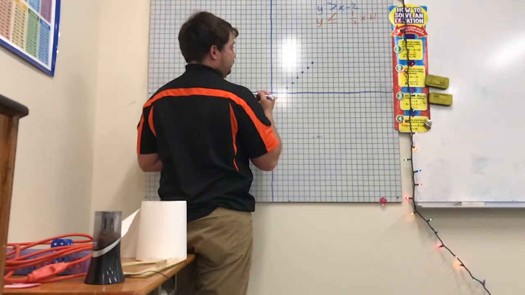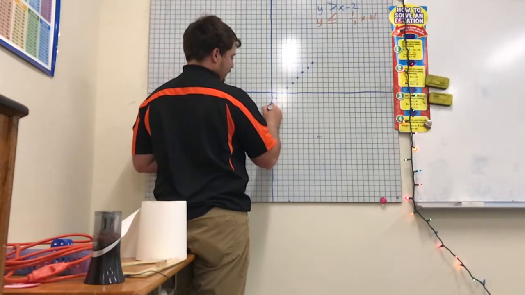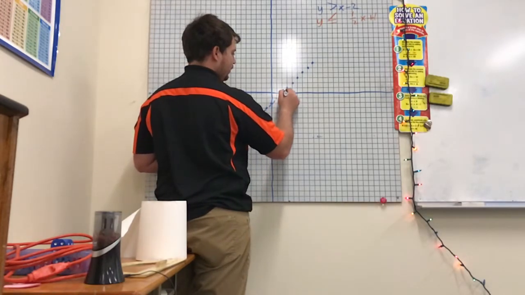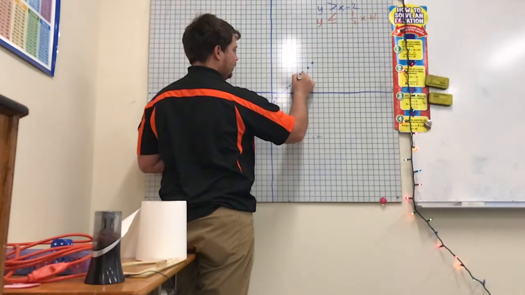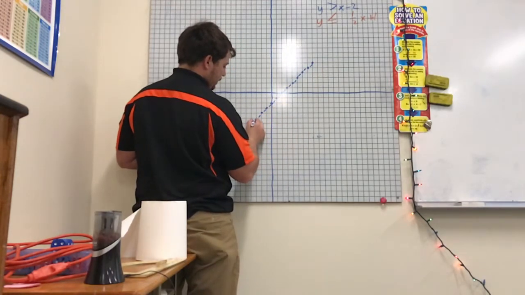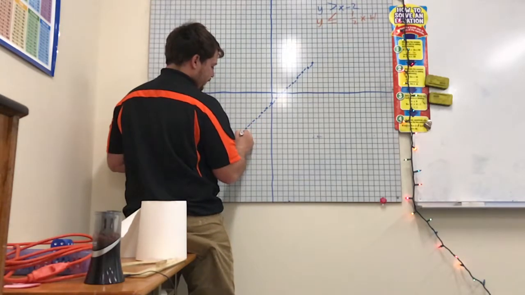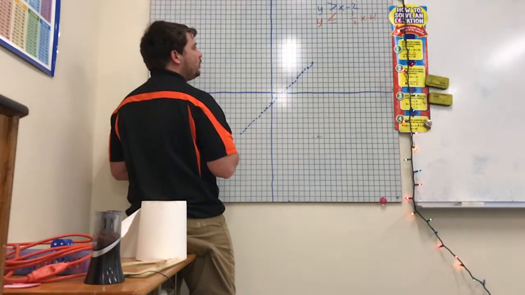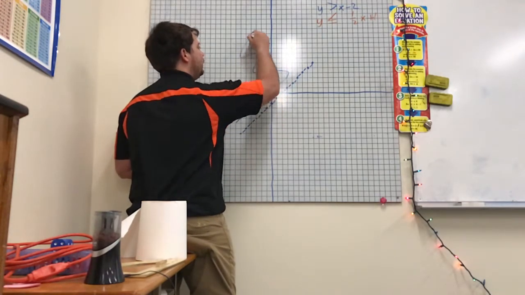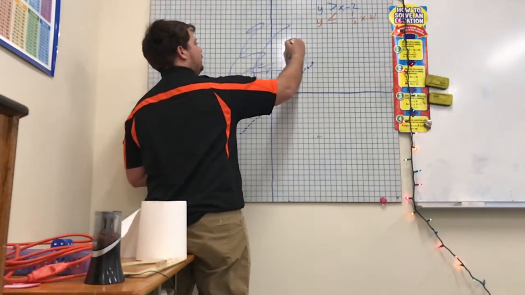It is greater than, it's not equal to, so we are going to put a dotted line through all these points. Now, y is greater than, so we shade everything above.